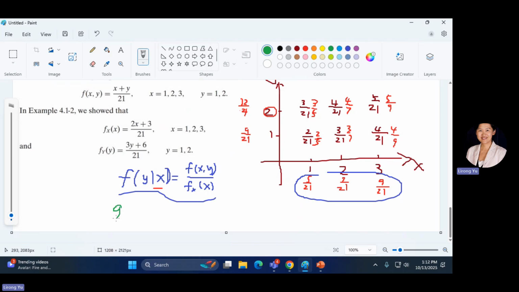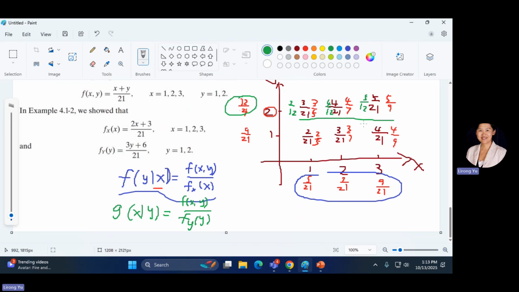If we calculate g(x given y), we take the joint distribution divided by the marginal distribution of y. So every single one of these numbers will be divided by its marginal on y. For example, the first one will be 3 divided by 12, and 4 divided by 12, and then 5 divided by 12.